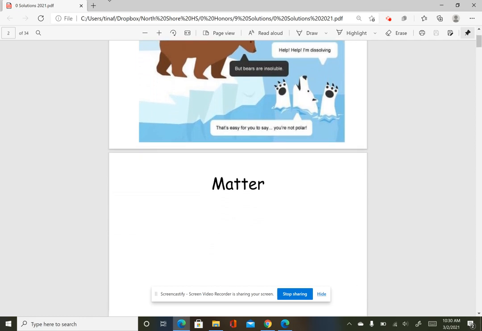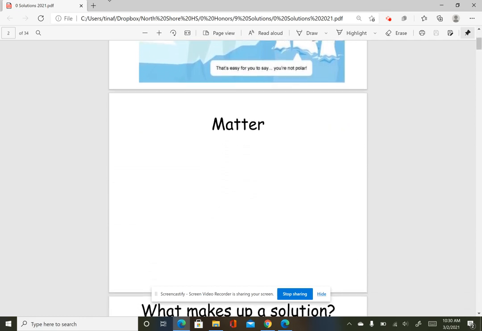All right, so matter. If you remember from the beginning of the year, matter can be broken down into two smaller categories. We have pure substances and we have mixtures. Okay, and from there we can go even more specific.